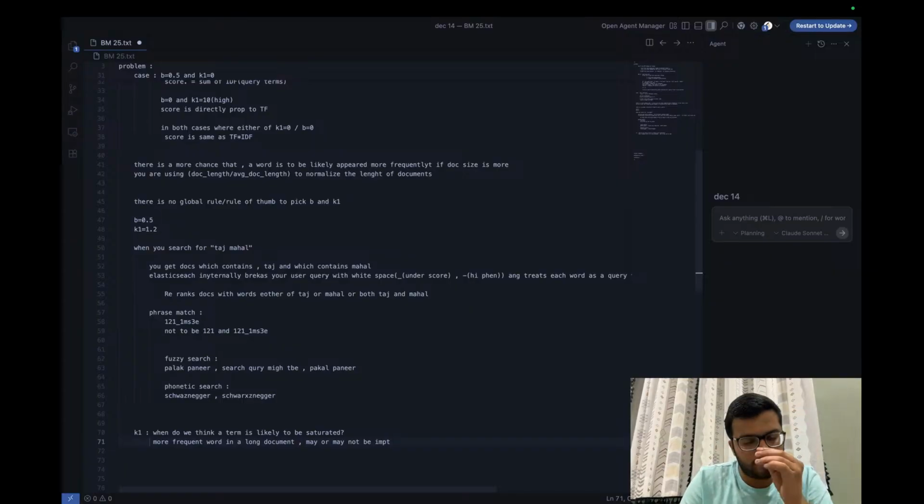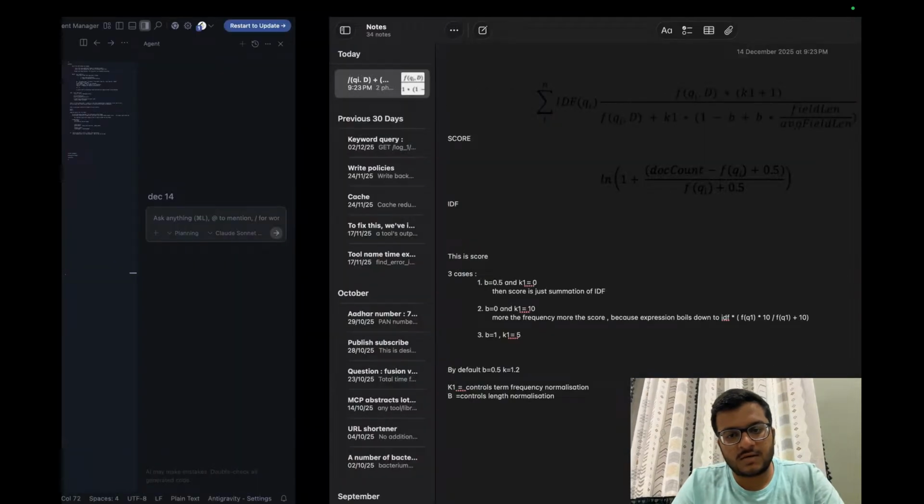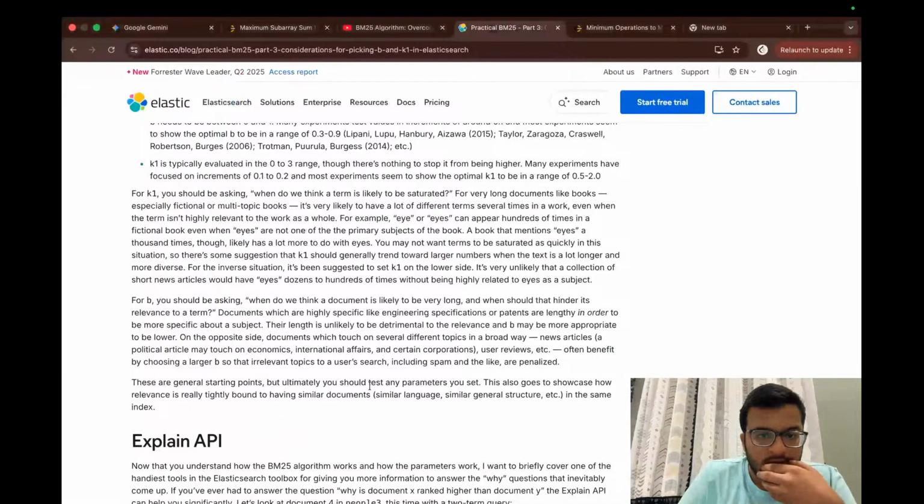We have to give a penalty or score according to the length of the document and frequency of the term. So you may not want terms to be saturated as quickly in this situation. So there are some suggestions: when the text is longer and more diverse, K1 should generally be a larger number.